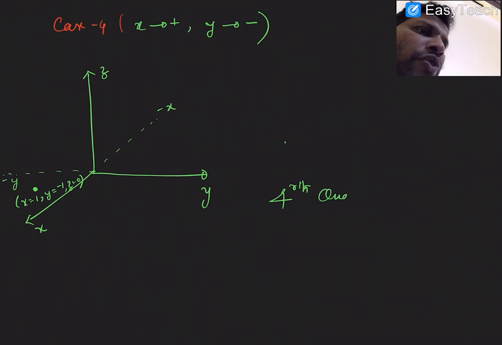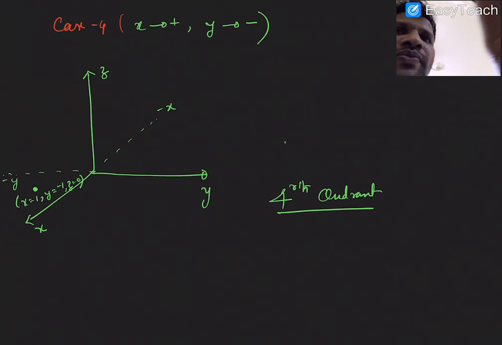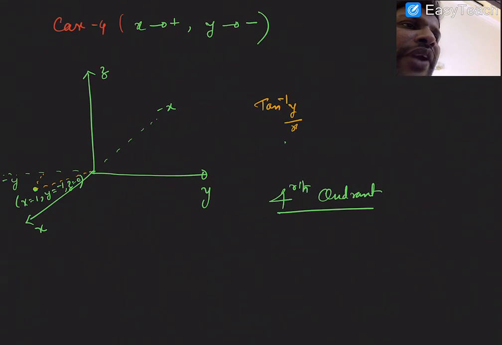So in the fourth quadrant, let us consider the angle. When you talk about the angle, if you take tan inverse y over x, this is equal to tan inverse, where y is minus 1 and x is equal to 1.